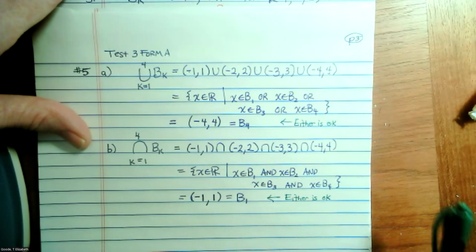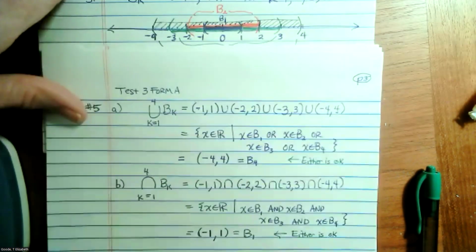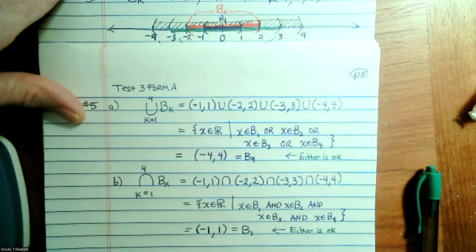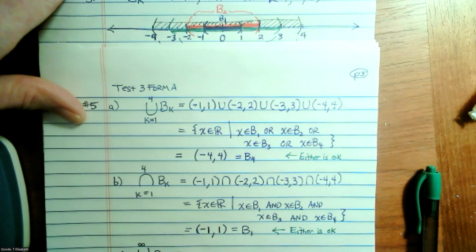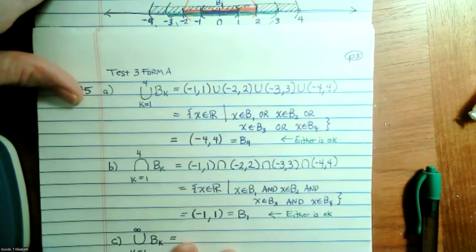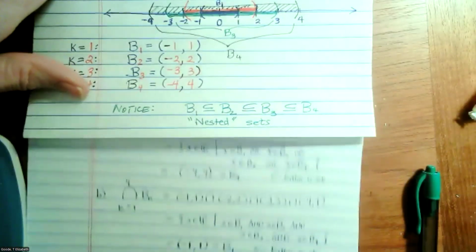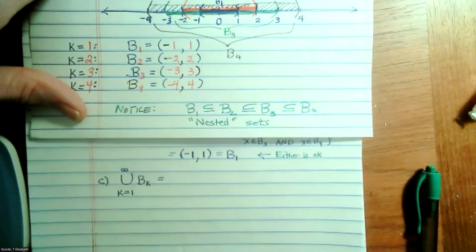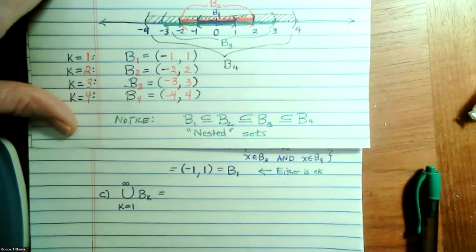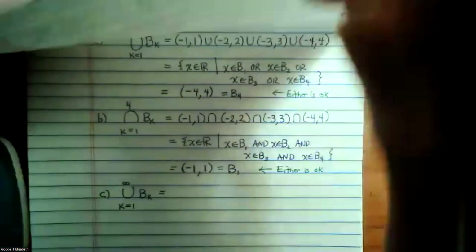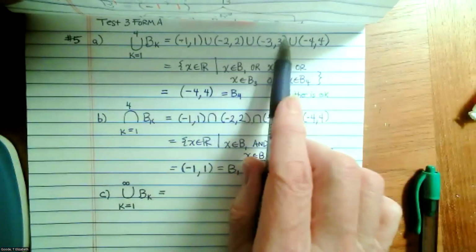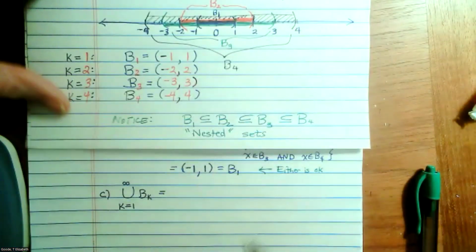Now we're going to bend our minds a little bit. We're going to think about this picture, but we're going to think about taking a union that goes on forever, where k just gets bigger and bigger and bigger. We're not going to restrict ourselves to just B4, because remember the union of just the first four of them was B4, because it was the biggest one.